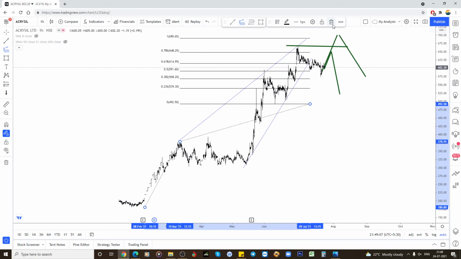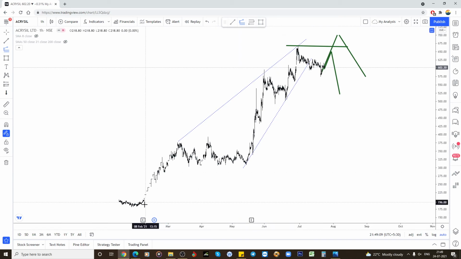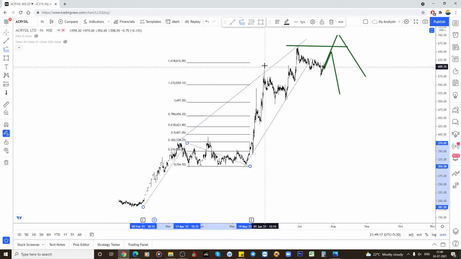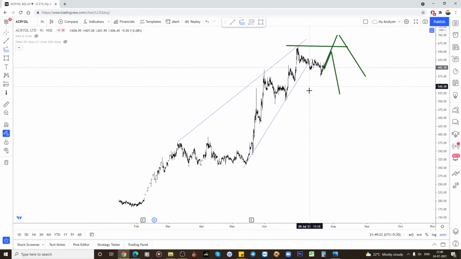And from here to here, the third wave is near the 1.618. So let's wait for this.